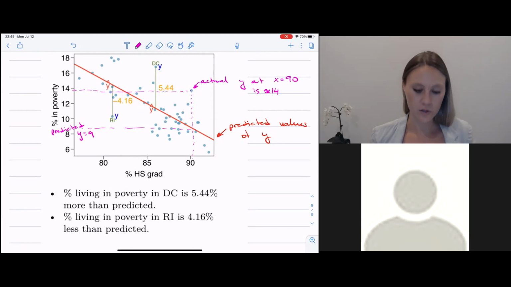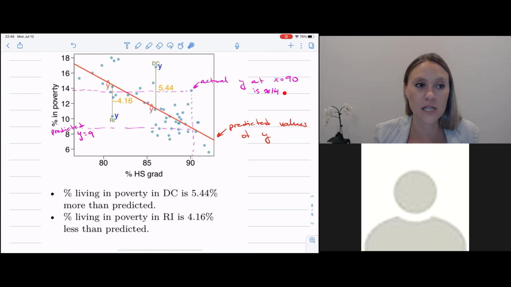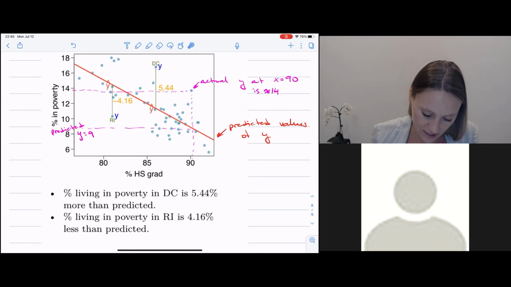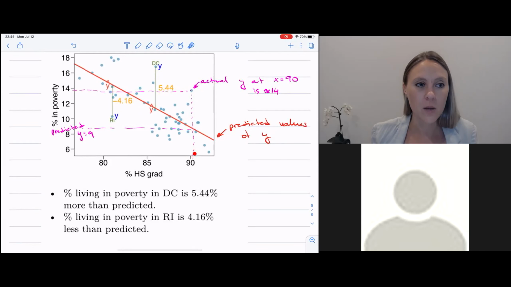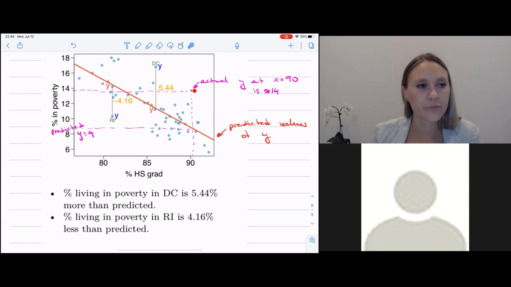So our actual value is 14, whereas we were predicting, and we're talking about the same value of x, right? We go to the line and we predicted it would be 9, but what we actually saw was 14, when x was 90-ish.